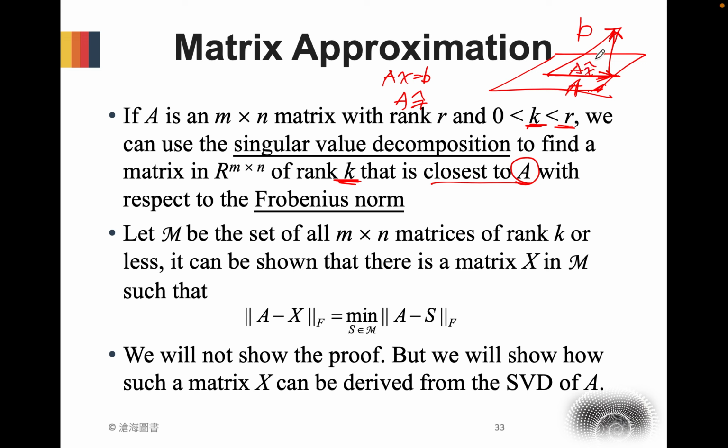But now, we put our focus on matrices. We want to approximate this matrix A by another matrix of rank k that is closest to the matrix A, but with respect to the Frobenius norm.